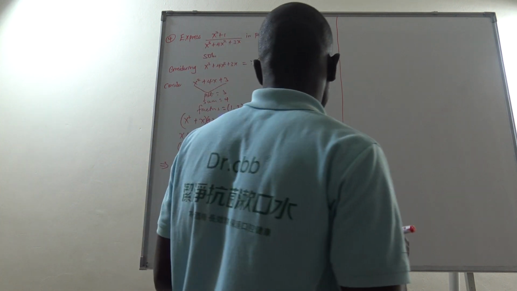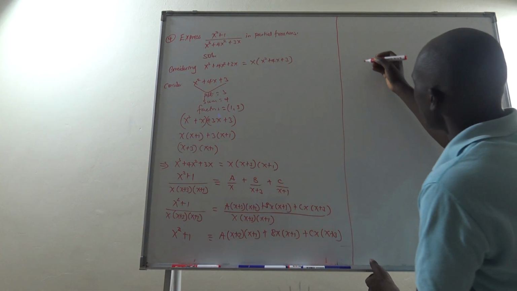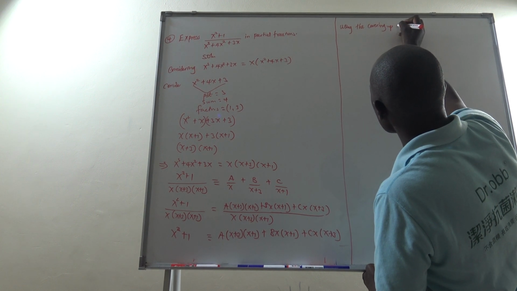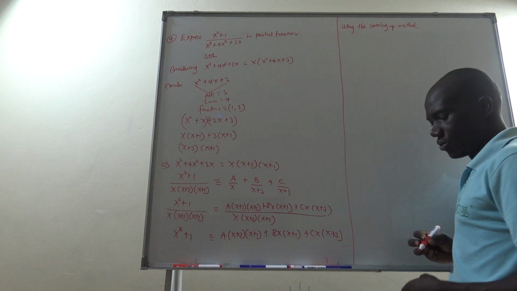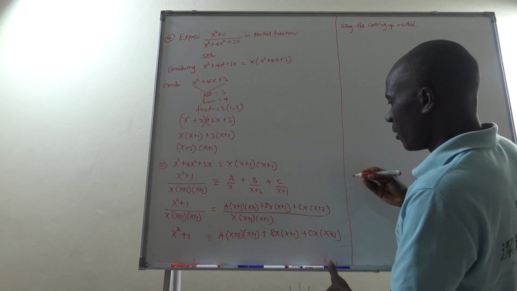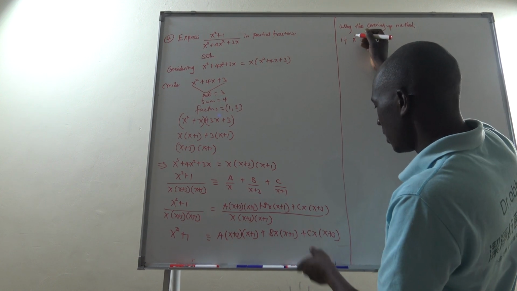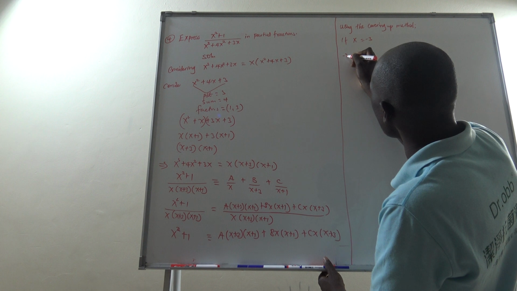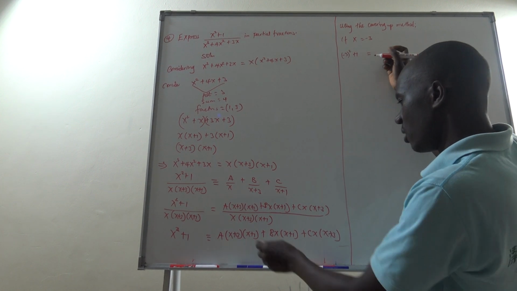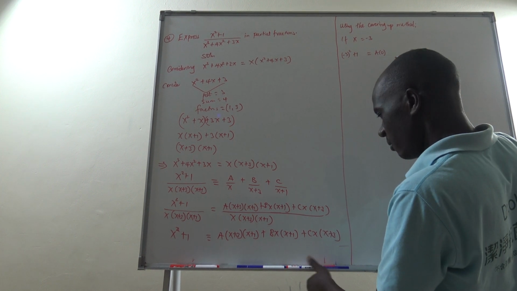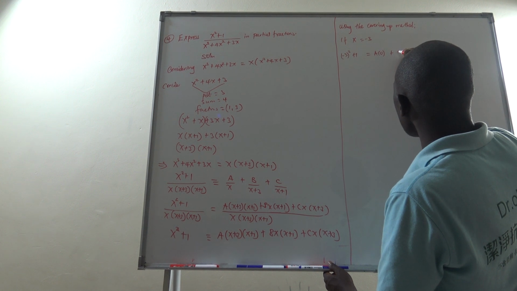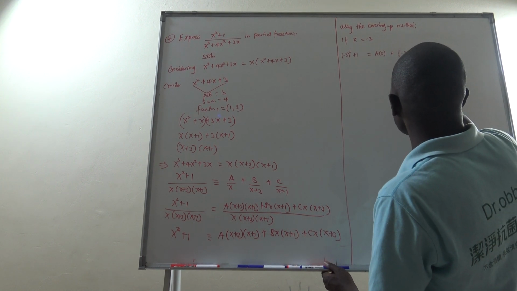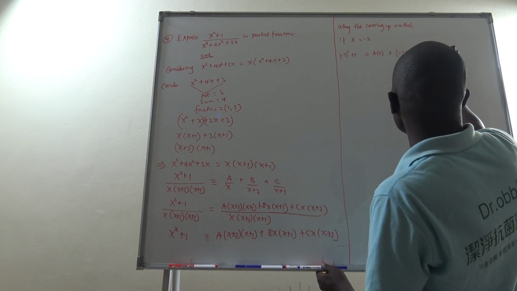We want to use the covering up method. We are going to say, if x equals negative 3, we are going to have negative 3 squared plus 1 equals: when we put in negative 3, A is affected, plus B, we are having negative 3B into negative 3 plus 1, we get negative 2, plus C into 0.